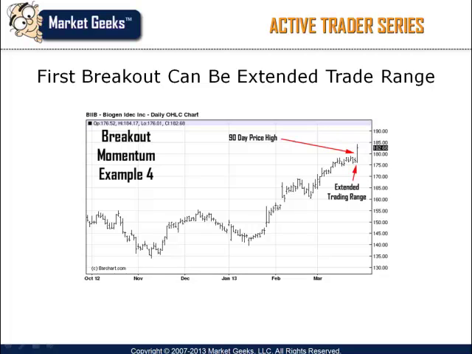There's a formula to calculate the extended range, but I will save you the explanation for another day. Here you can see how the stock's trading range is almost triple the recent trading range of this particular stock. This is the type of strong trading range you want to see breaking out of the 90-day price high.